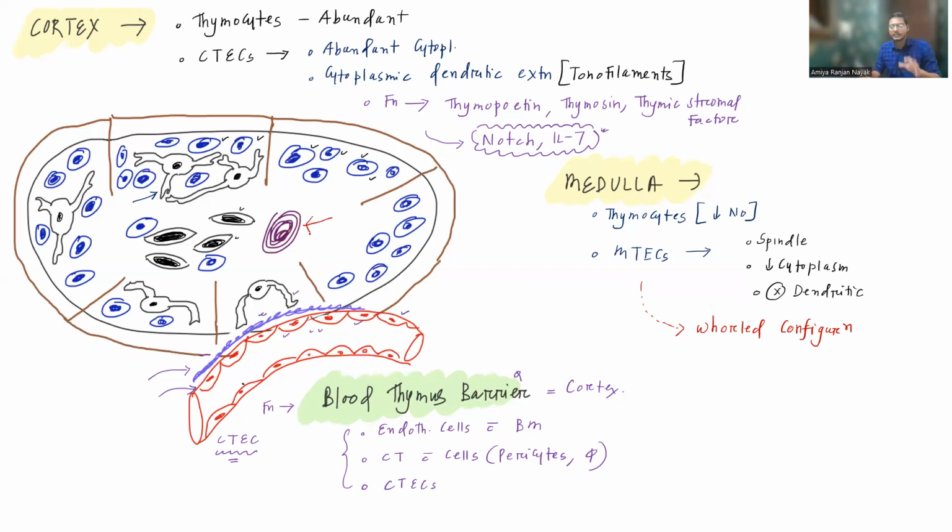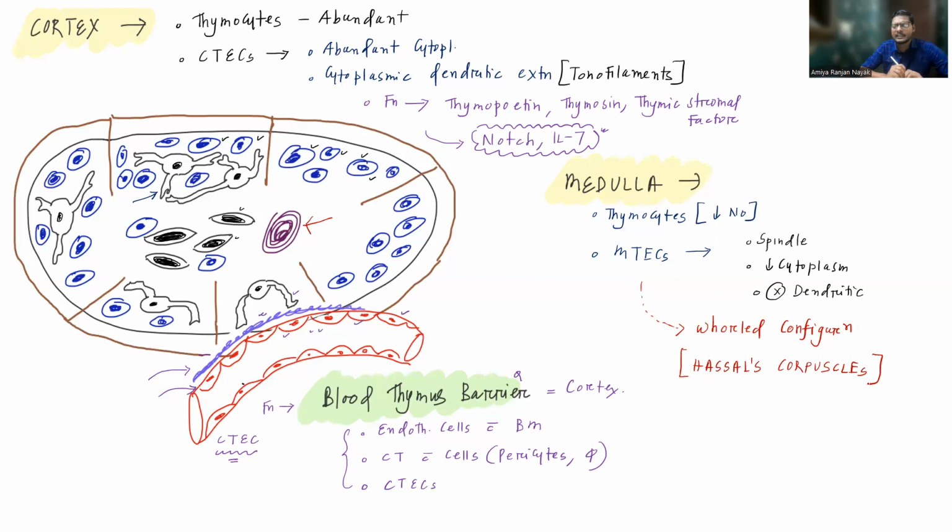These are known as Hassall's corpuscles, or thymic corpuscles. So these are nothing but the concentric fold configuration of the medullary thymic epithelial cells.